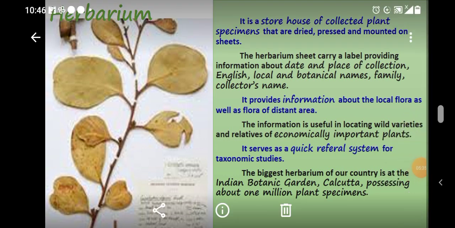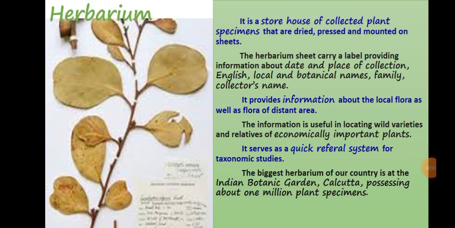When you see this slide, you can understand it is a herbarium. Herb means small plants, and it is used for preservation purposes. Now this taxonomic aid, herbarium, gives us the actual specimen for the study purpose.